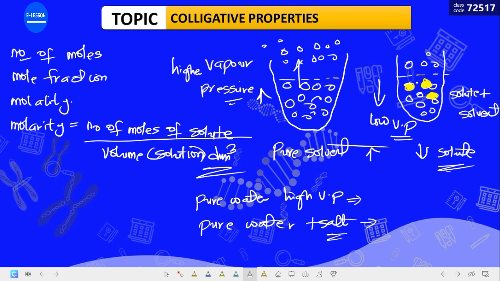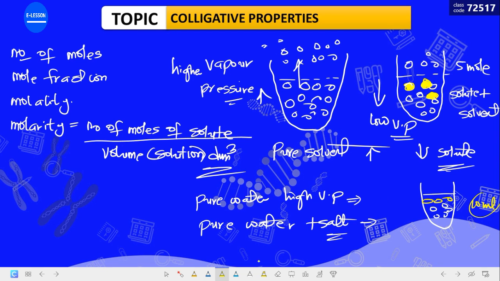So it means that if, let's say, this one has 5 moles, and then you have another solution that contains both solute and solvent, and then this one has, let's say, 10 moles.